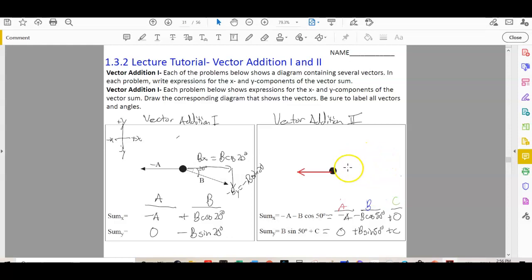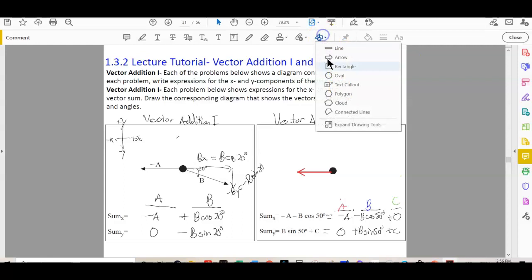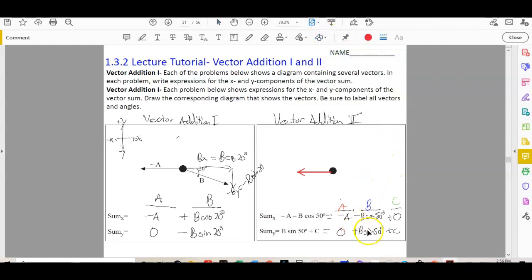All right. Let's do the B vector. If you look at this, forget about the cosine for a second. The B vector has a negative b component in the x direction and a positive b component in the y direction. So that looks like it's going to be pointing to the left and then up.